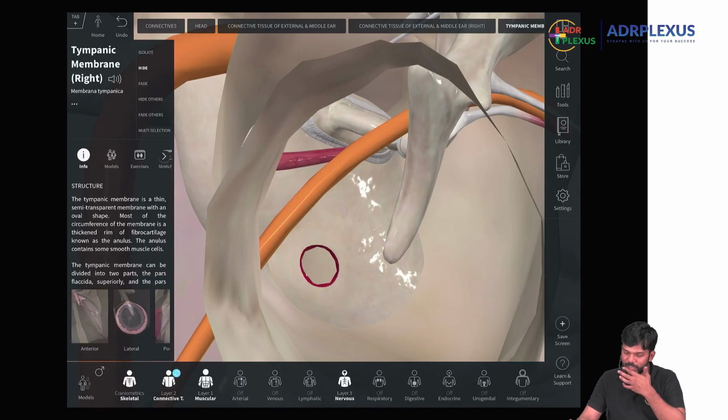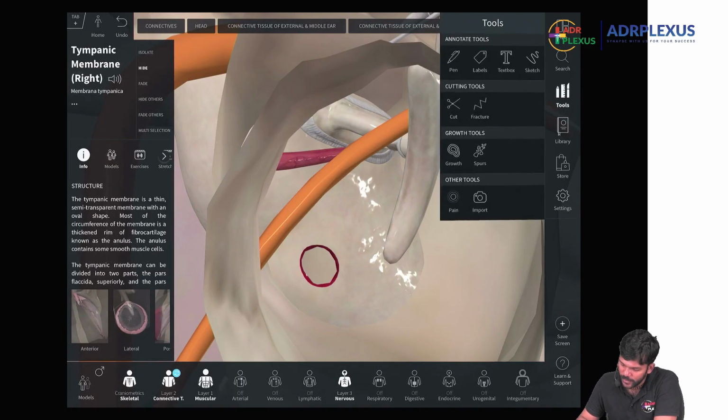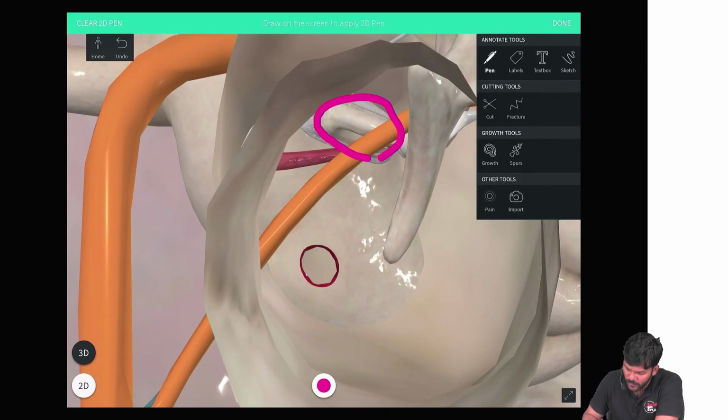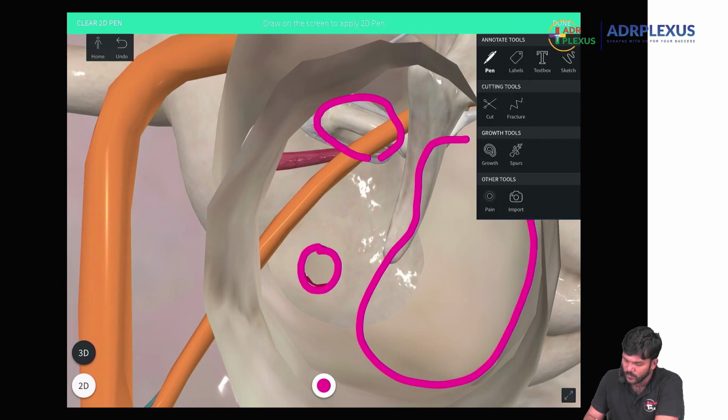Now, in this medial wall we are having the oval window, the round window, the prominence of the inner ear, and also a facial nerve which is crossing the area.